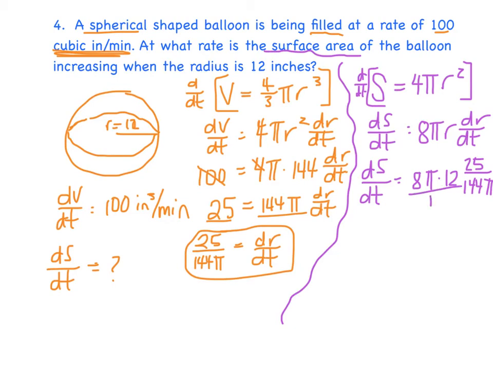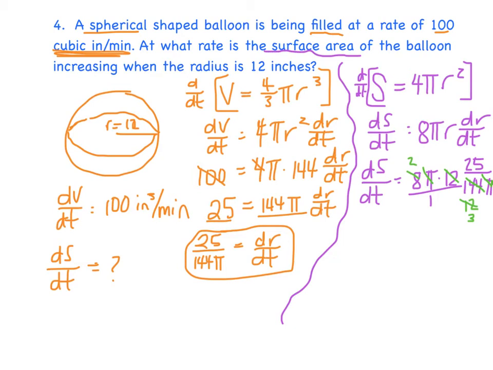So what can I simplify away? My pi's are going to cancel. I know 12 goes into 144 12 times. And then I can further simplify by dividing 8 and 12 both by 4, which gives a 2 here and a 3 here. I'm just trying to simplify so I have smaller numbers to work with.